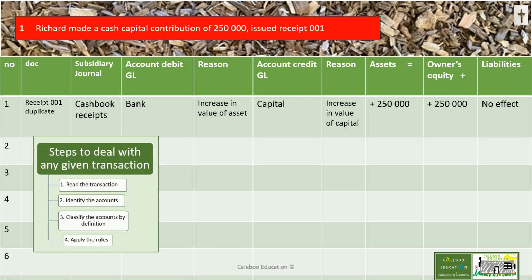In the previous slide, we saw the receipt that was issued. Now the receipt is being used to record the transaction. The transaction, Richard, the owner, made a capital contribution of 250,000. Let's make it euros today because I'm busy watching the World Cup rugby and it's in France. So 250,000 euros, that's the capital contribution.